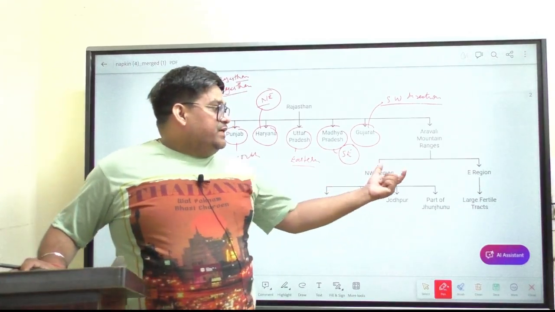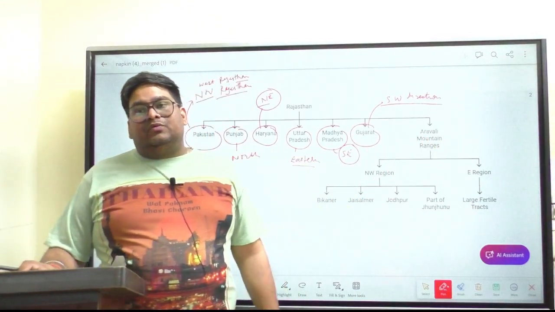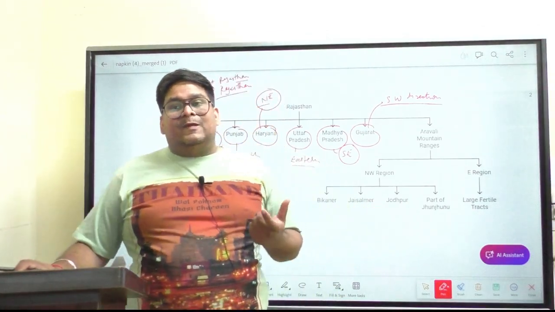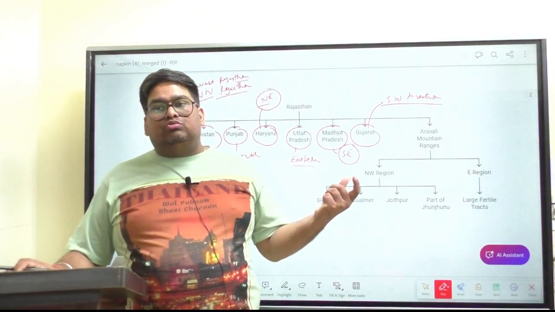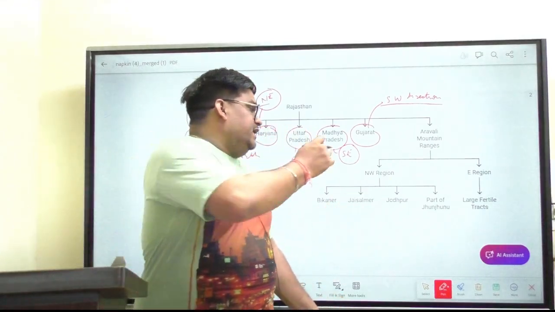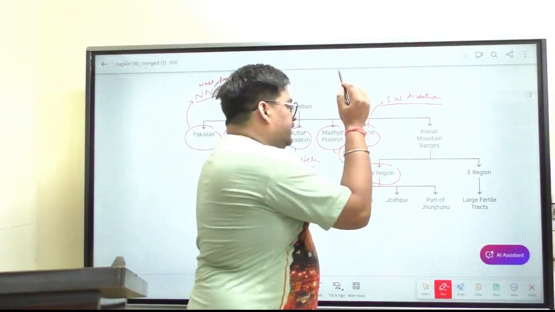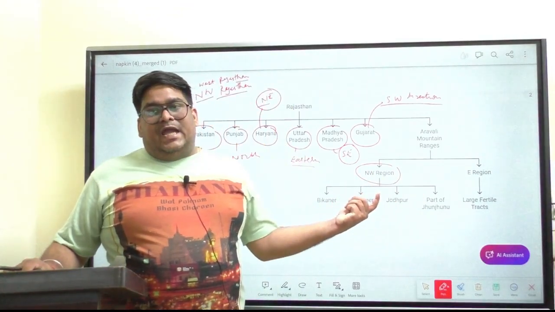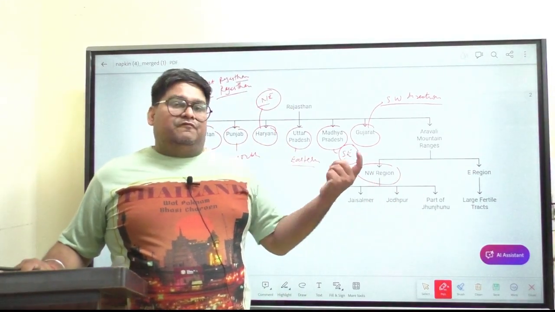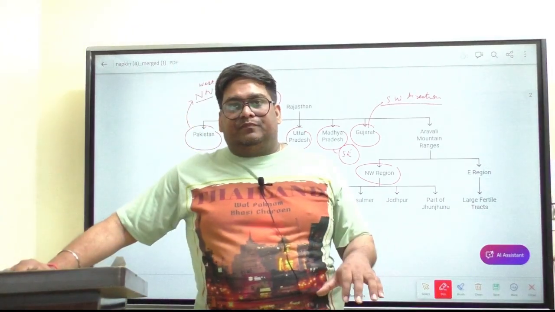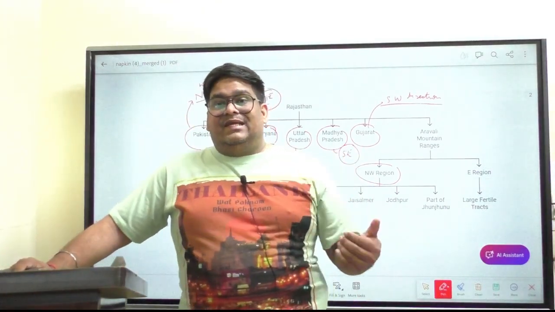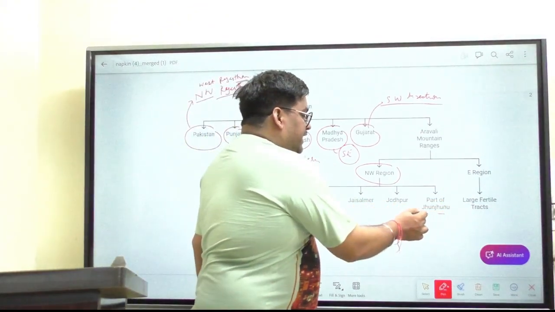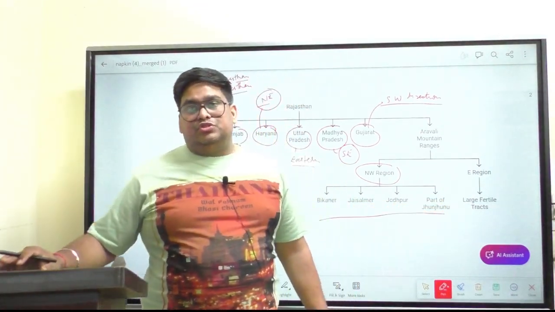It divides roughly from the southwest to the northwest. The northwest region covers almost 2/3 of the state. In the region west of the Aravalli cut, primarily lie Bikaner, Jaisalmer, Jodhpur, as well as part of Jhunjhunu.